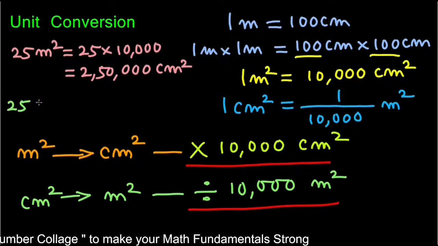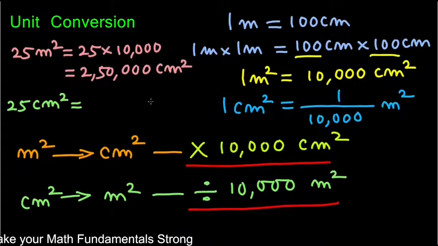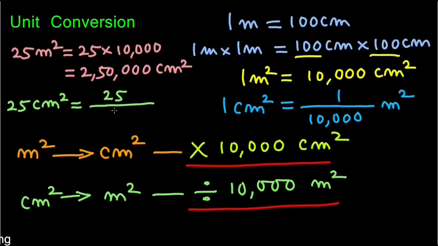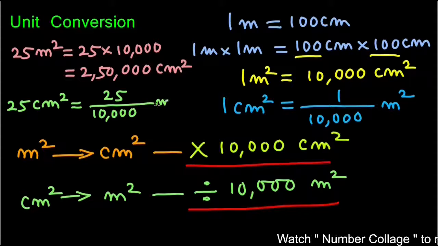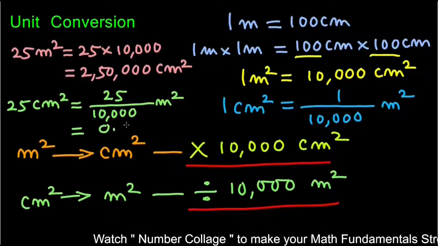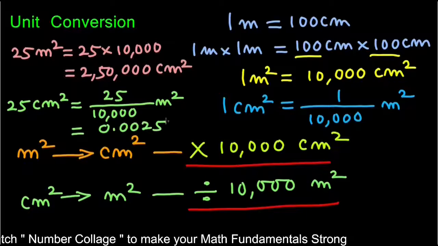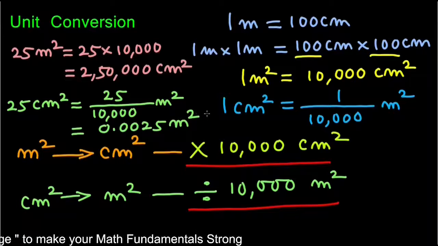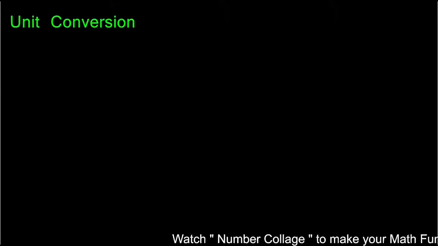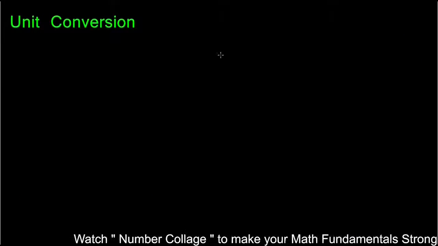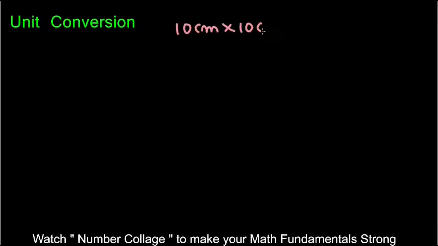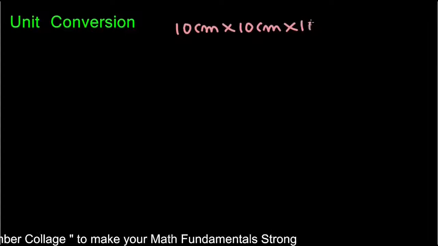Conversely, 25 cm square will be equal to 25 divided by 10,000 meter square, which will be 0.0025 meter square.